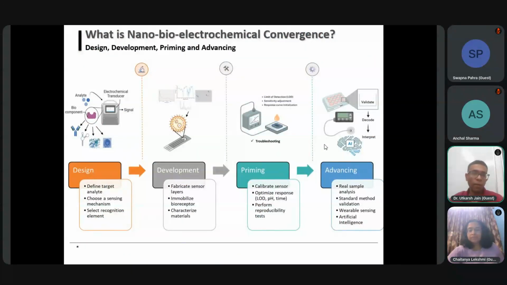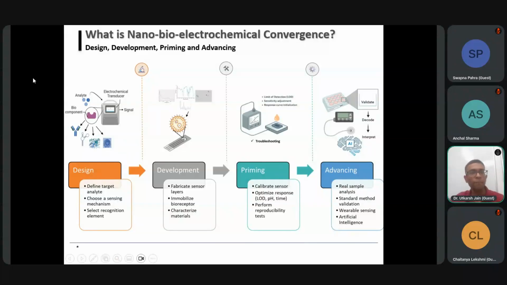So first of all, what exactly is designing? You have a biosensor. Since I'm talking specifically about the biosensor perspective, I will focus on biosensor designing, where there are different components of a biosensor I'm going to talk about. To develop a particular biosensor, you need to first think about what could be an analyte.